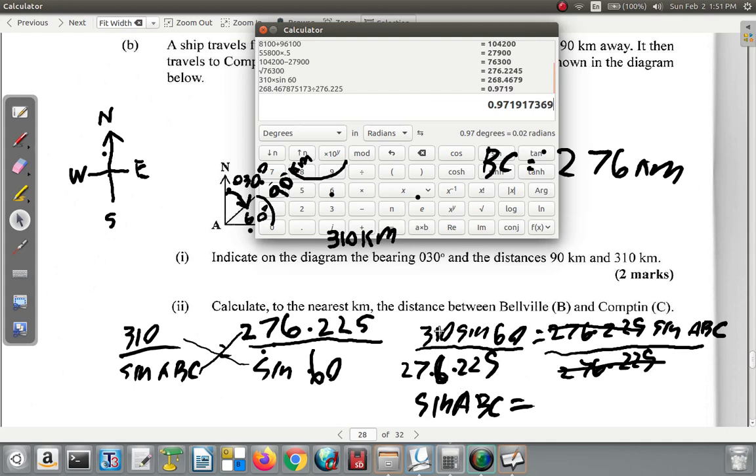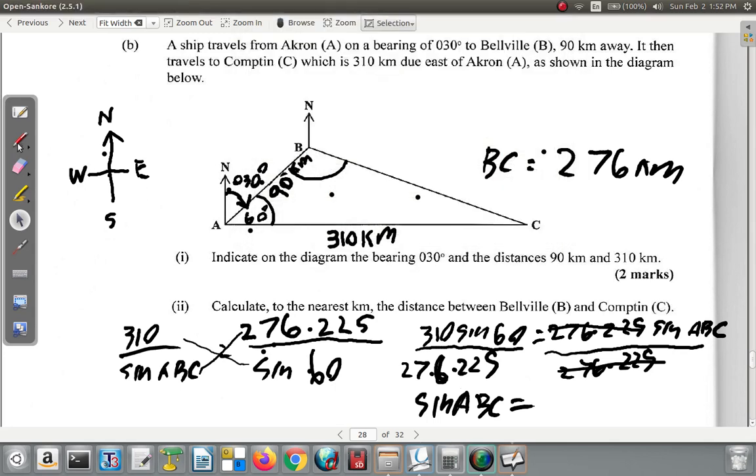So I know that the sine of the angle is 0.972. Yeah, the sine of the angle is 0.972. The sine of ABC is 0.972.